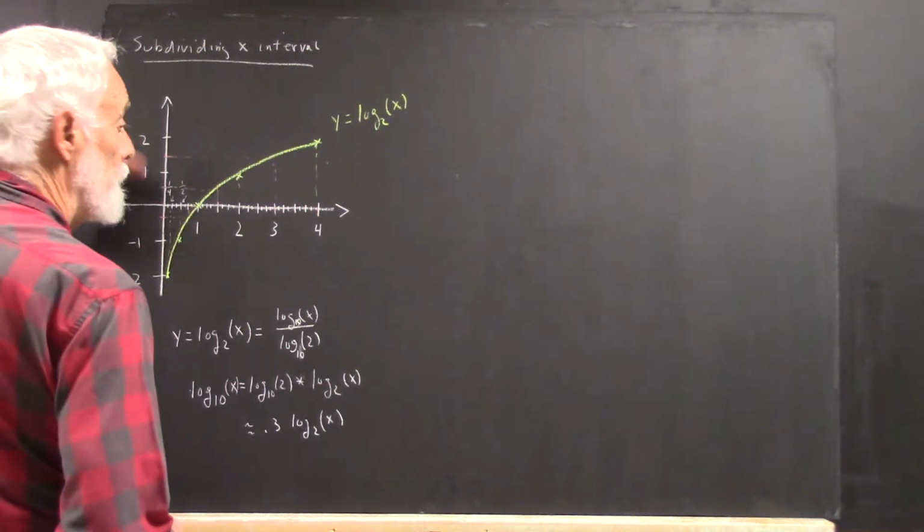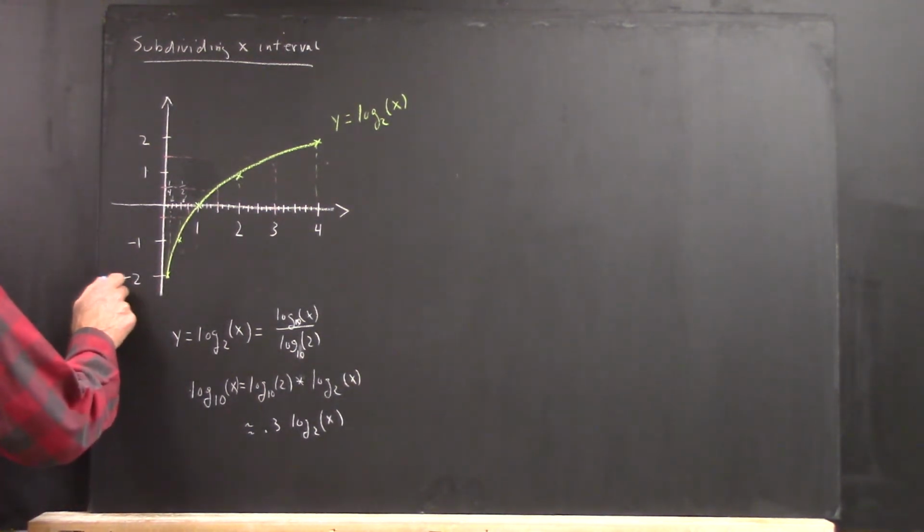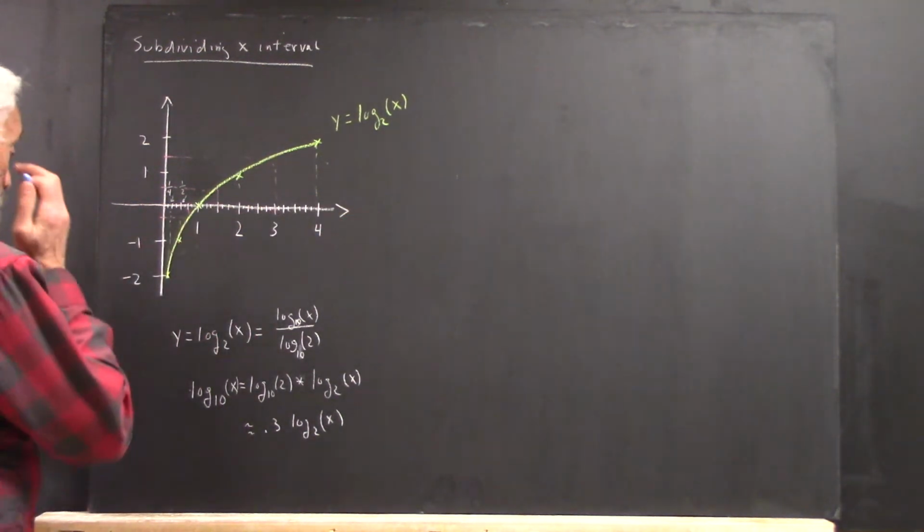I can relabel the axes here, and what I get is a relabeling of the y-axis. I don't have to relabel the x-axis.